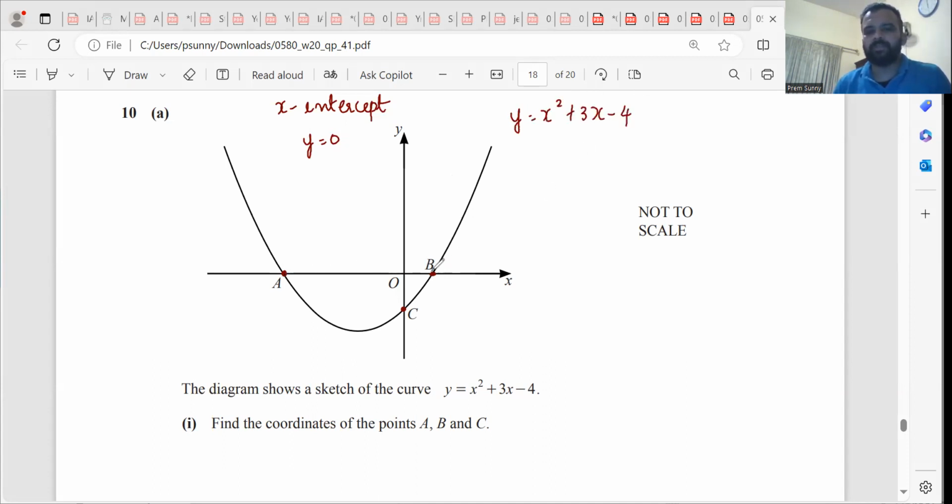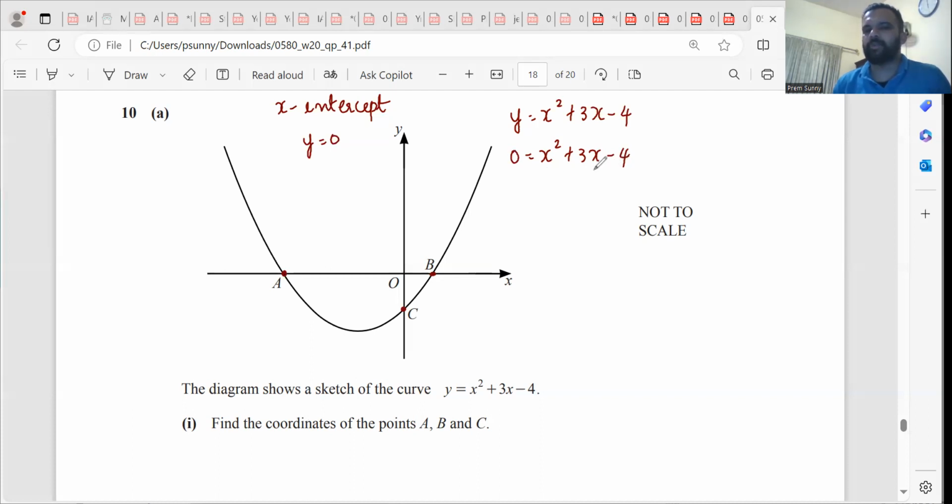To find these two x-intercepts, A and B, since it's an x-intercept, we know the y value is 0. In this equation, instead of y, we substitute 0. So 0 equals x squared plus 3x minus 4. We need to factorize this quadratic equation.